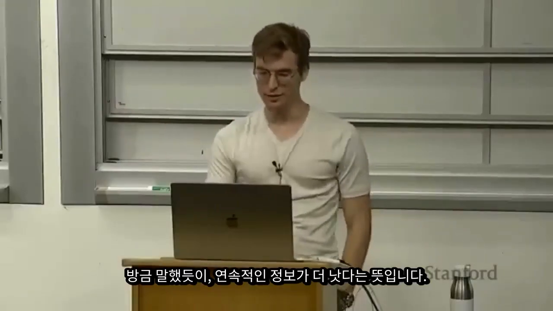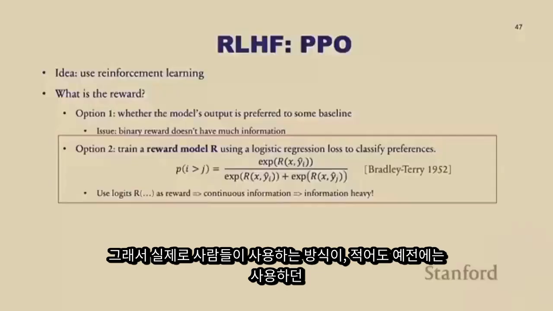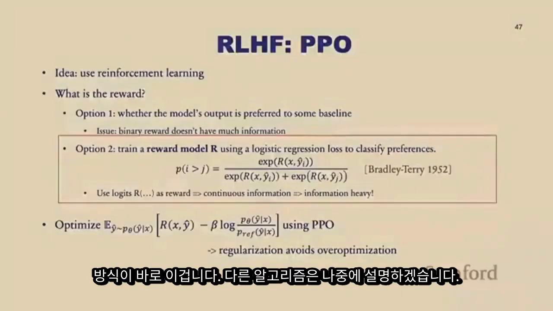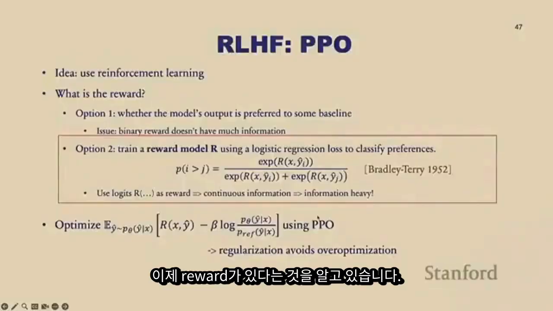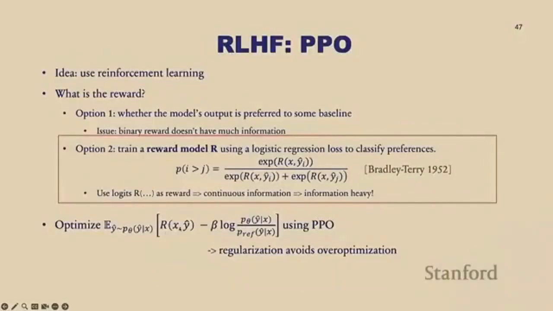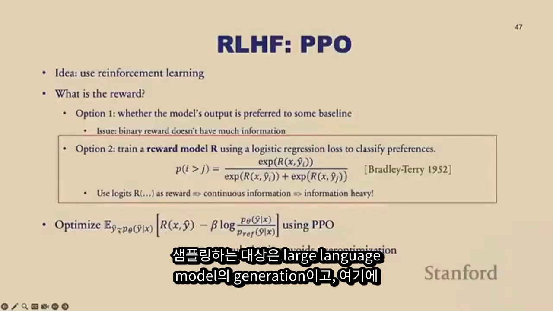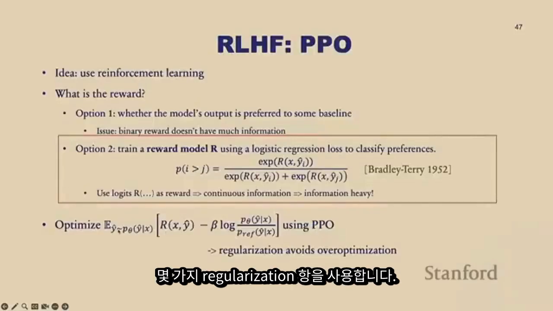Great. So as I just said, continuous information is better. That's what people use in practice, or at least used to use in practice. I'll tell you about the other algorithm later. So what you do at the end is that you just use the reinforcement learning that you know about. Now we have our reward. What you sample through is the generation from your large language model.